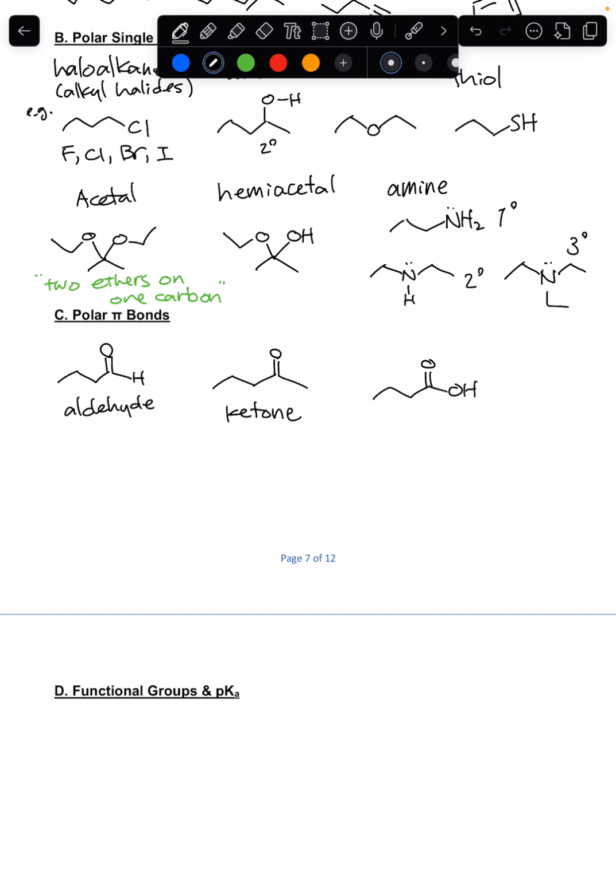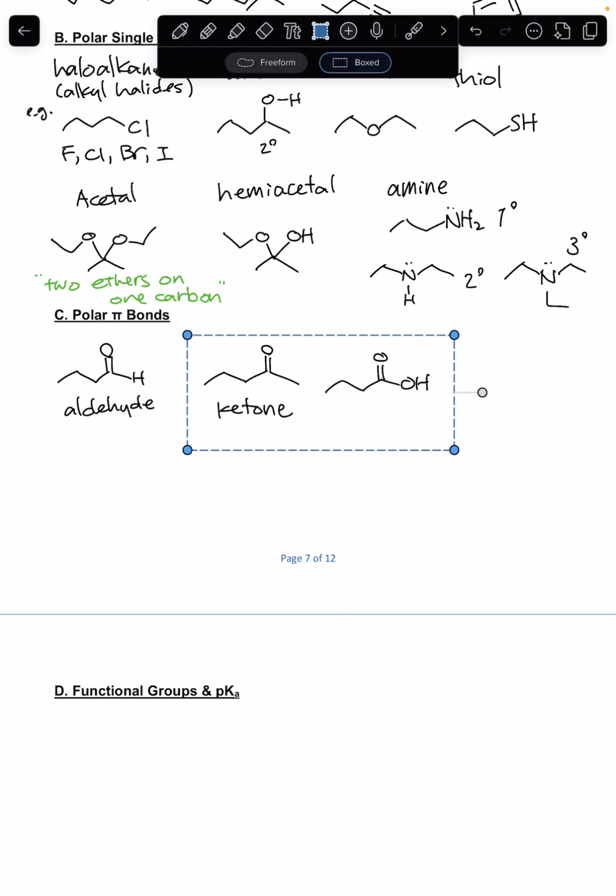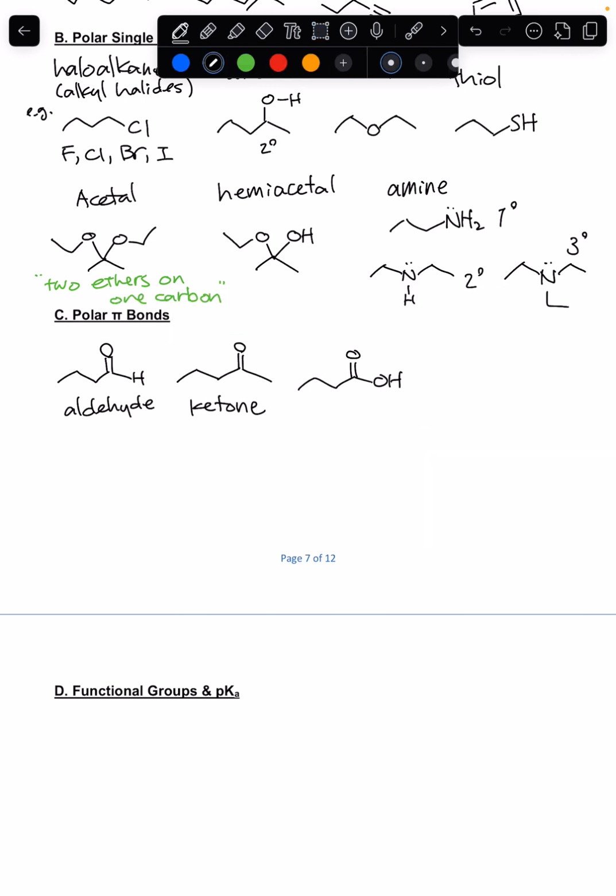And this is called a carboxylic acid. And as you can imagine, the reason why this is called an acid is because this proton here is fairly acidic. It has a pKa of around 4 or 5.